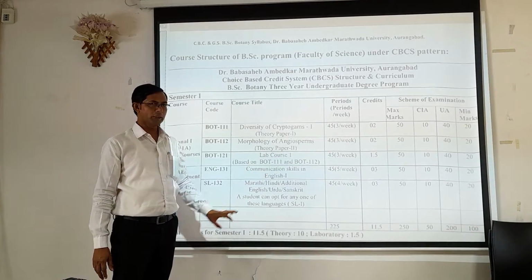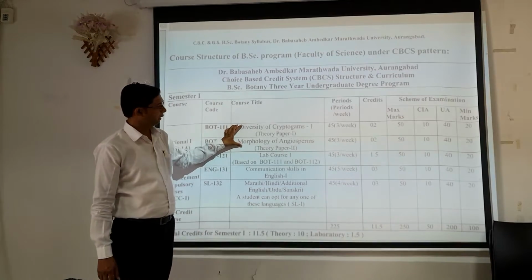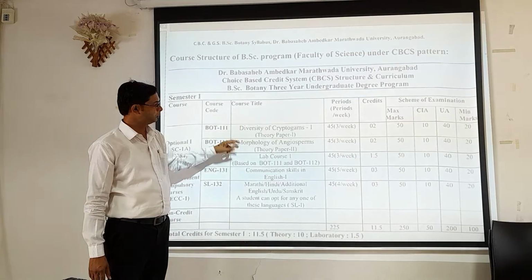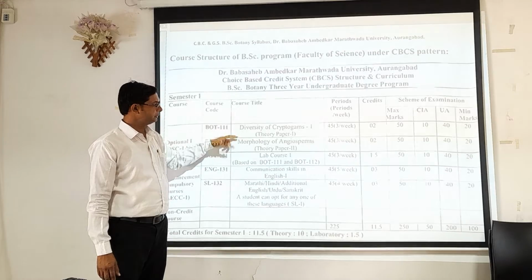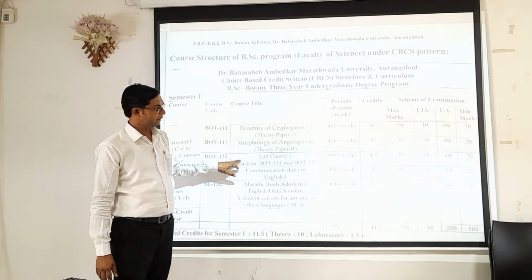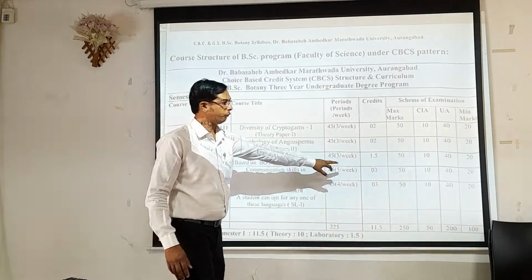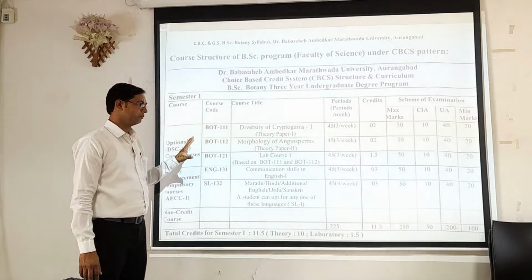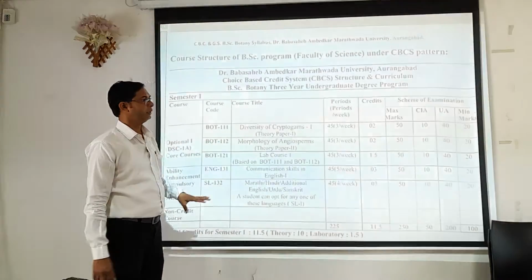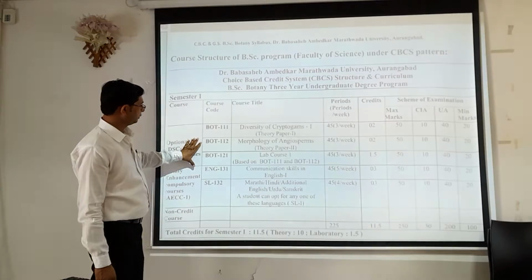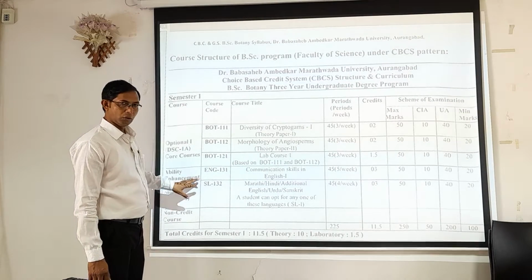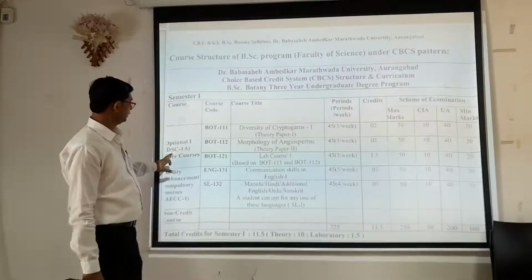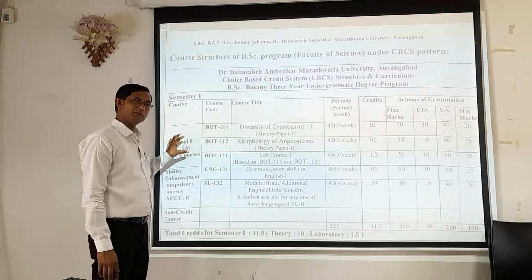This lab course 1 is nothing but the addition of this paper and this paper. These 2 papers are added, and the practical is based on this theory. It has 1.5 credits, again with 50 marks maximum and 20 marks minimum. So this is the first part of the syllabus, that is the compulsory syllabus, or it is known as a core course.